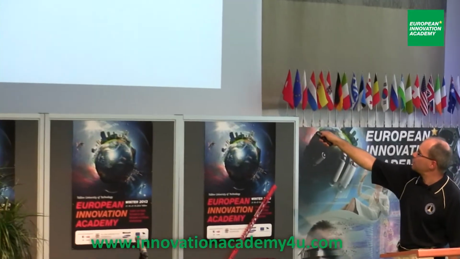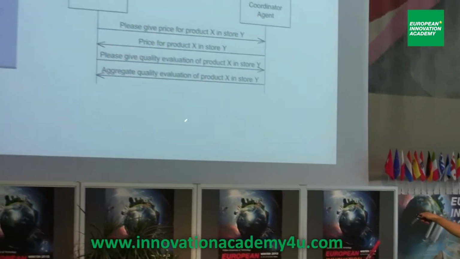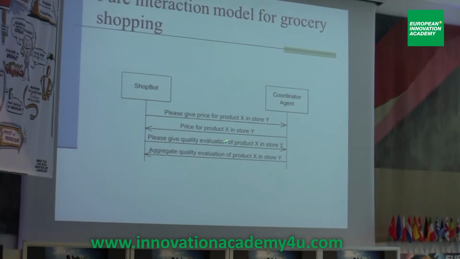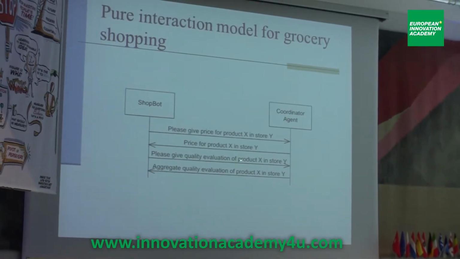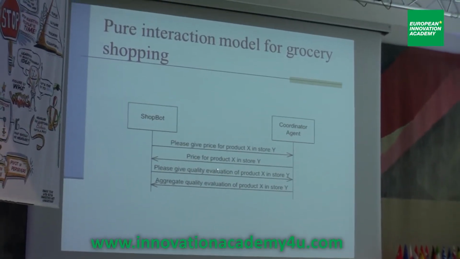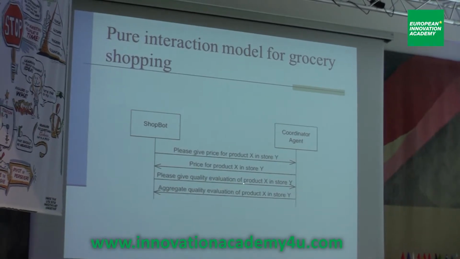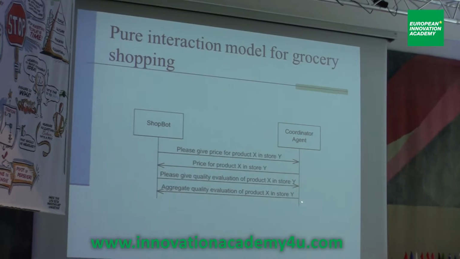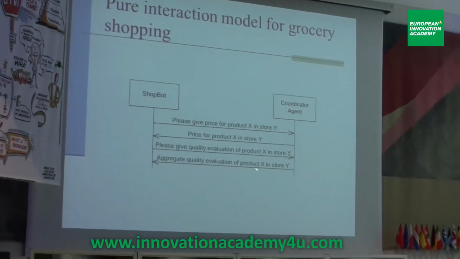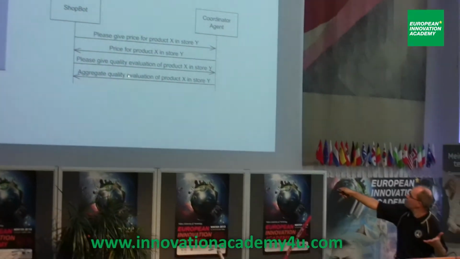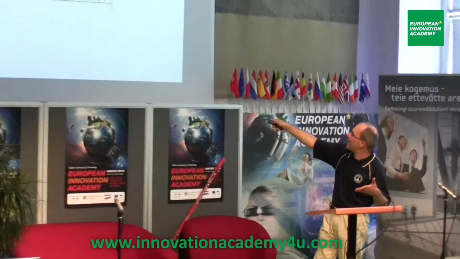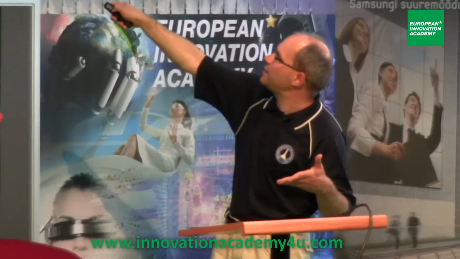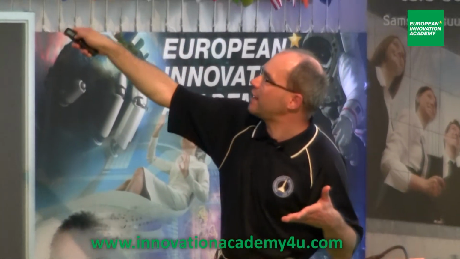Then the shopbot asks the coordinator to give a quality evaluation of product X in store Y. It can also be a quality of service evaluation for the particular store, and the coordinator agent returns this aggregate quality evaluation of product X in store Y. And of course, these interactions are repeated for different products and different stores.